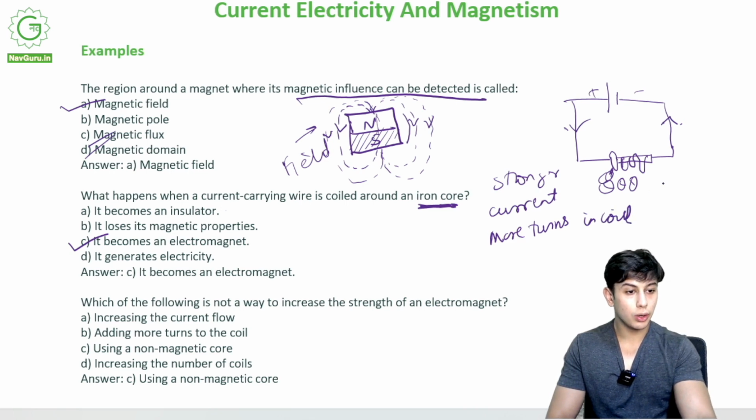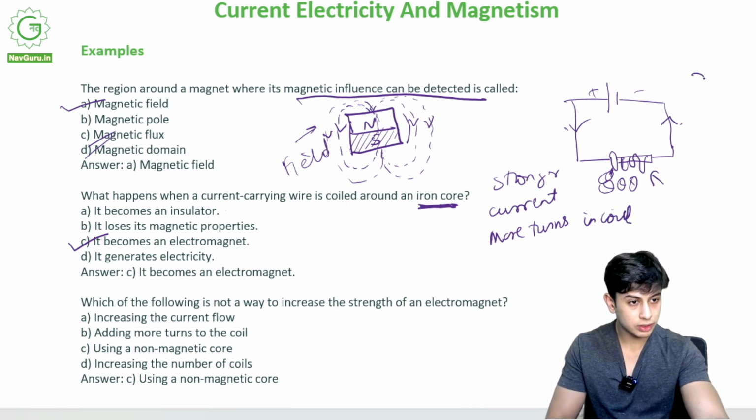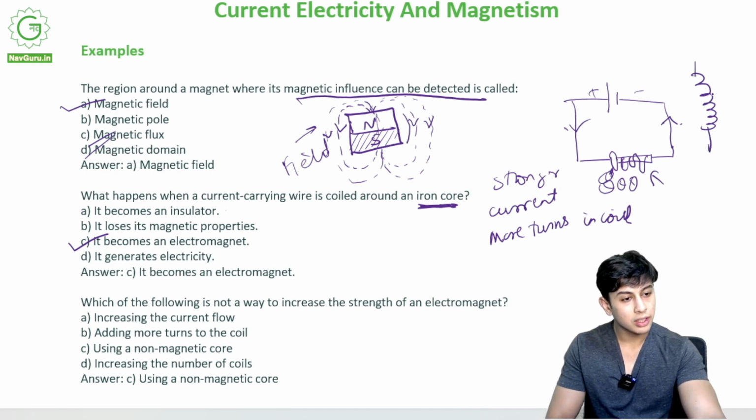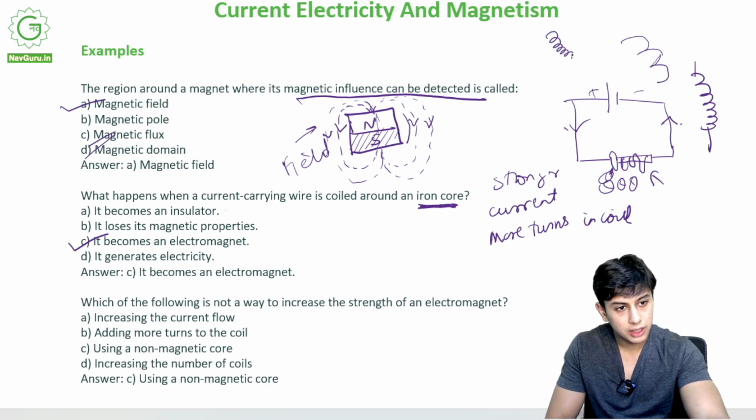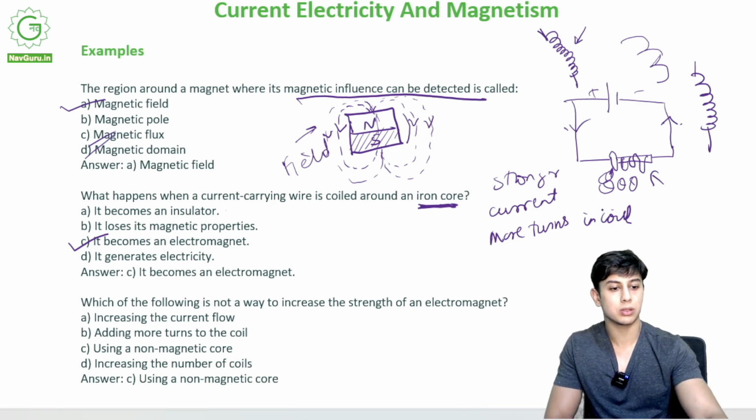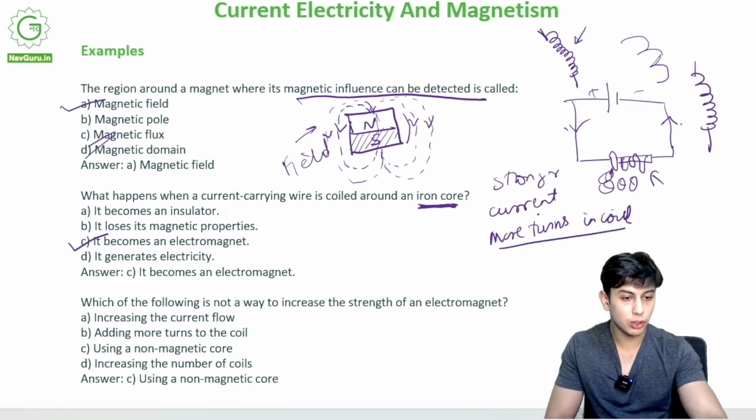This winding up of wire is called coil. If I increase the number of turns, supposedly it was only two turns, and I increase it again and again, this will have more current flowing through it and more magnetism. So more turns in coil, stronger current.